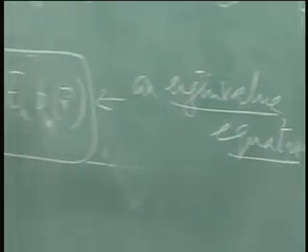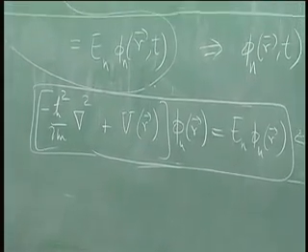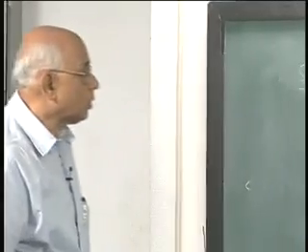This is an eigenvalue equation. It is a homogeneous equation, so is the other one, because if you multiply phi by a constant it does not change, but most important it is an eigenvalue equation.